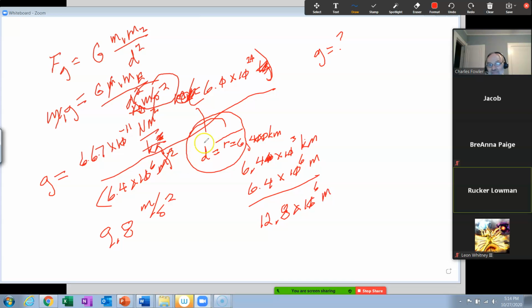So let's do the same thing here, except now we're going to double this and make it 12.8 times 10 to the 6th meter squared.